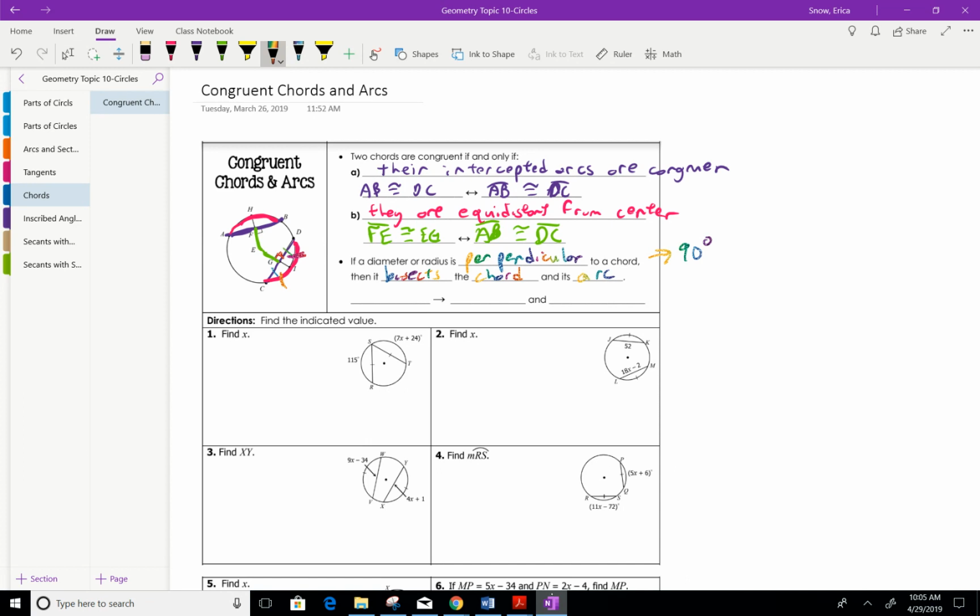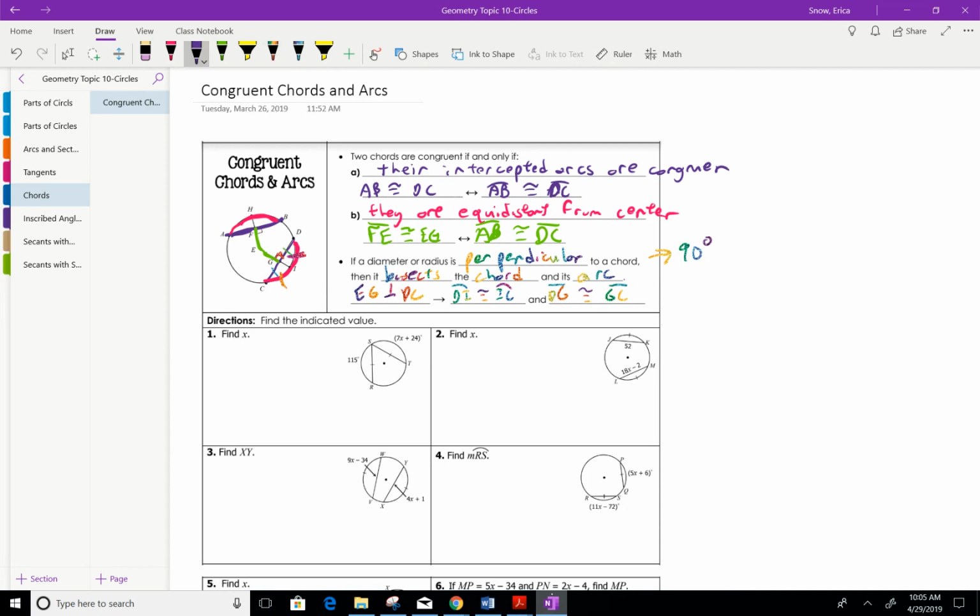So if EG is perpendicular to DC, then DI is congruent to IC, and DG is congruent to DC. Okay? So basically, you're going to use all of this to set things equal and solve.